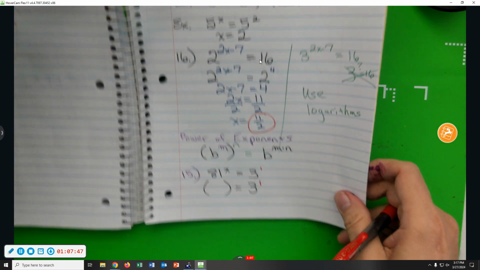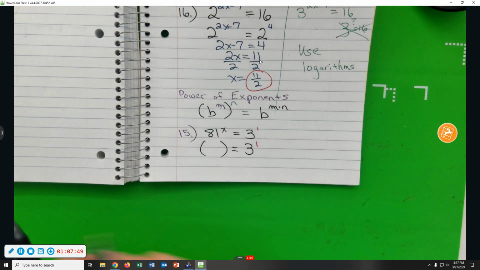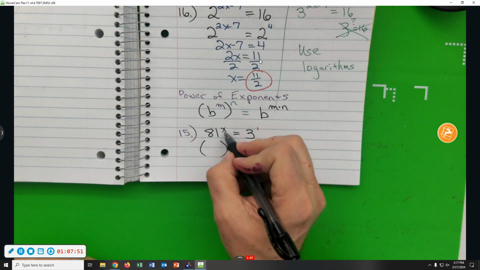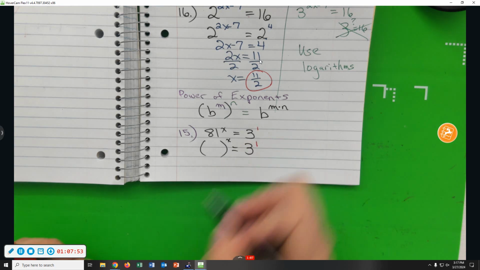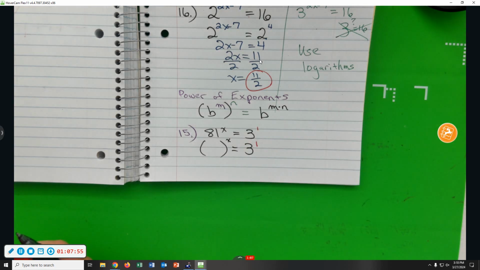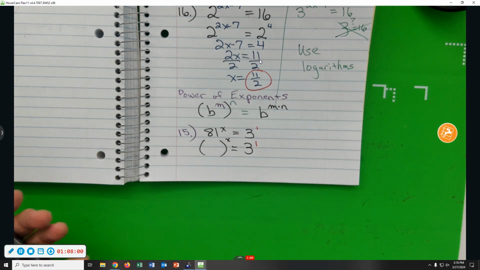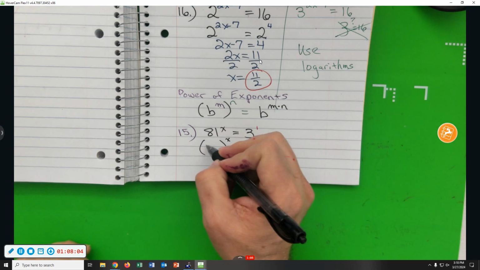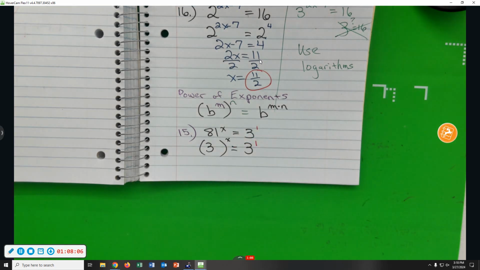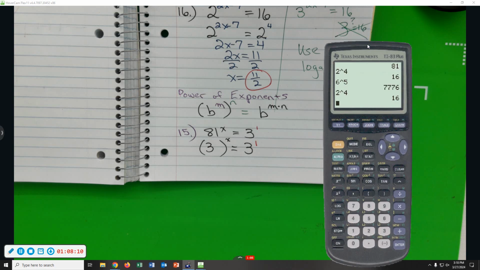The x is on the outside. 3 to what power will give you 81? If you're unsure, just play around with your calculator.